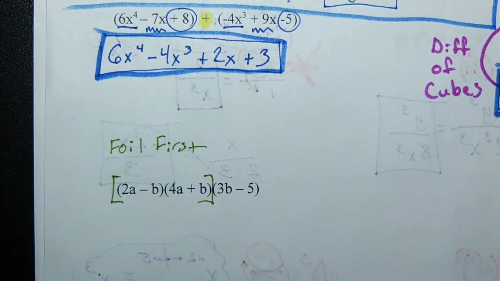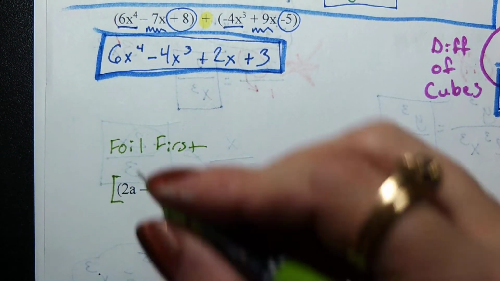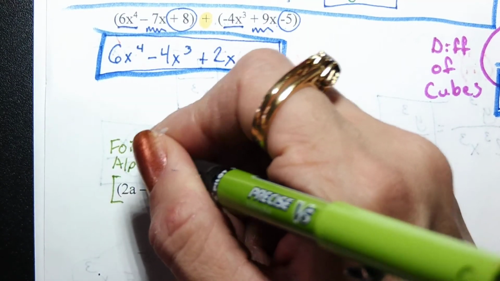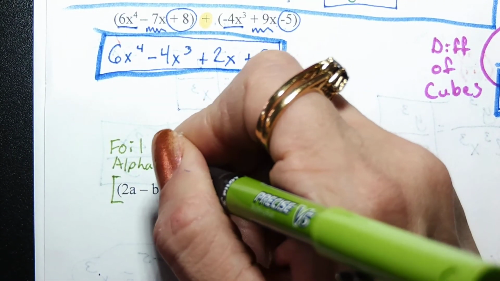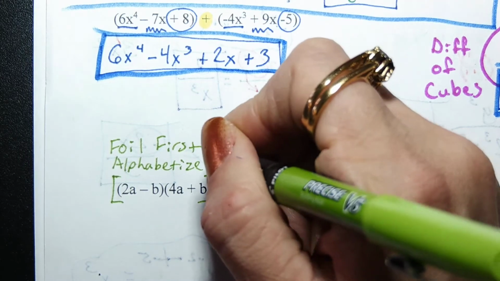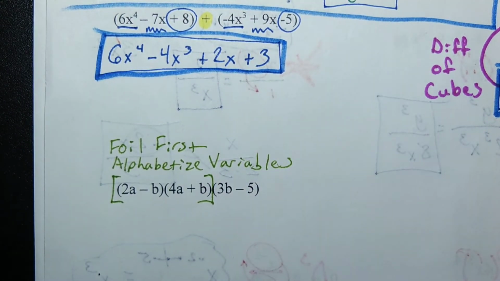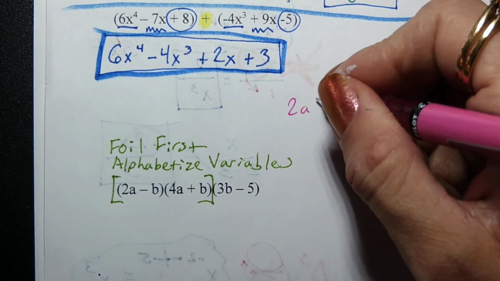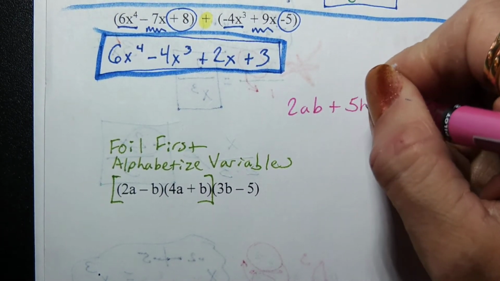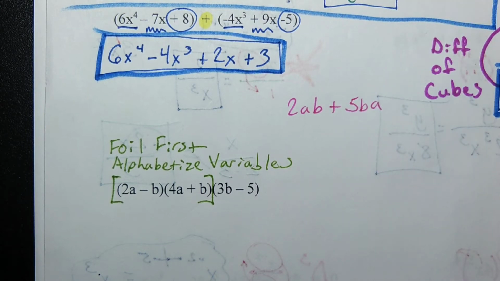Another recommendation that will help you out with your like terms is to alphabetize the variables. So if I have 2 apple bananas plus 5 banana apples, are those like terms?